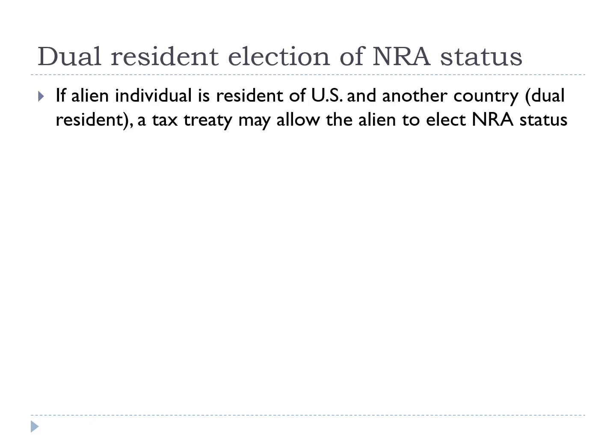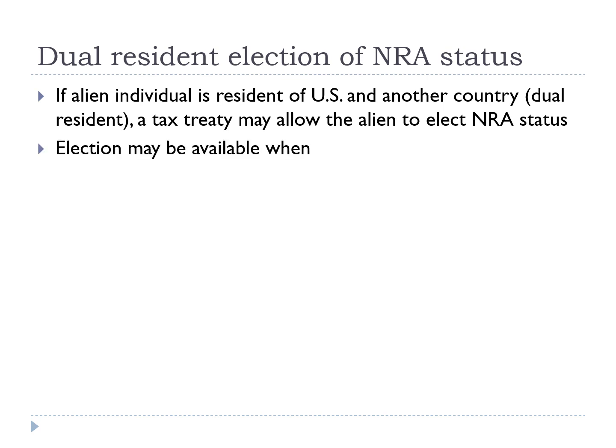Generally, where an alien is resident of the United States and another country, under their respective internal tax laws, that is, dual resident, a tax treaty may allow the individual to elect to be treated as a non-resident alien, overriding the classification in Section 7701B.